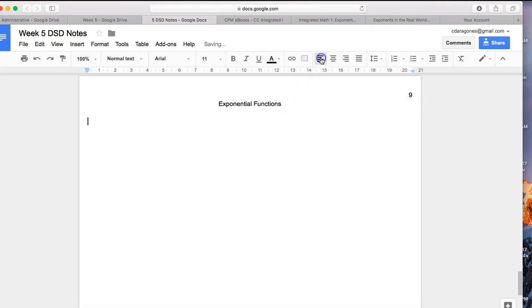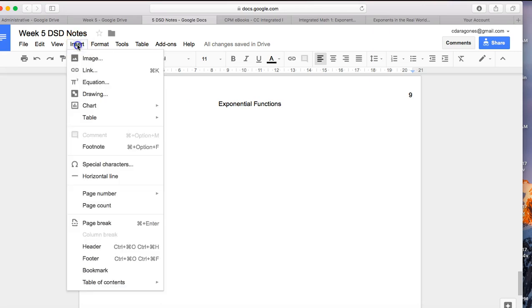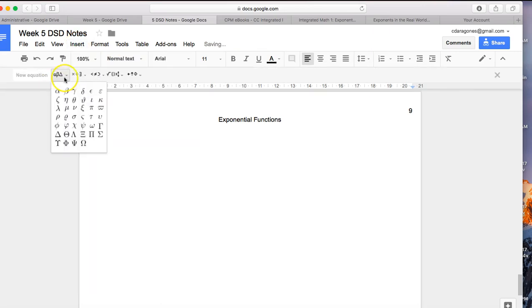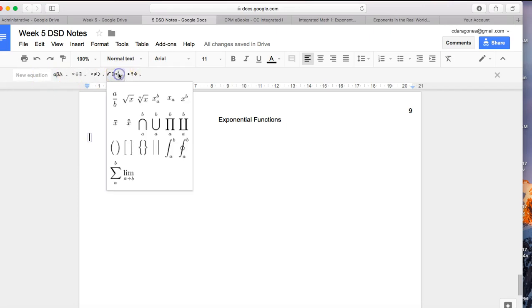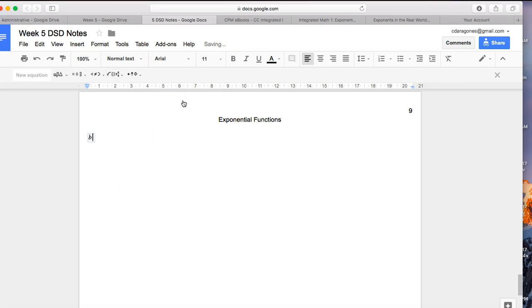So an exponential function has two parts. You have the base and the exponent. So let me just do an example. It's just typically of the form b to the a, okay, where b is your base and a is your exponent.